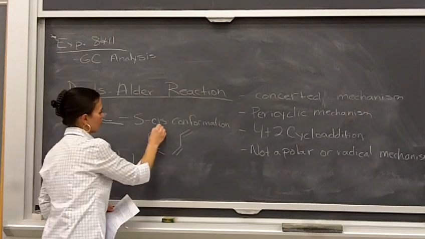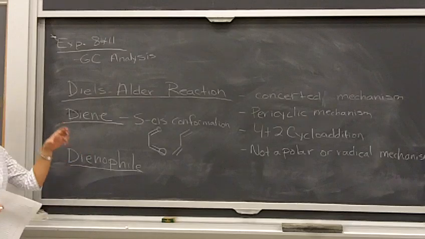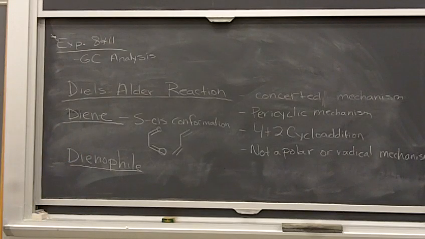And what you want is your 1 and 4 coming together like that so that they can react with the dienophile. You want them here so they can come together and react with these 2 carbons. If you got one of them flipped back, you're not going to get good orbital overlap for the reaction to occur, okay?